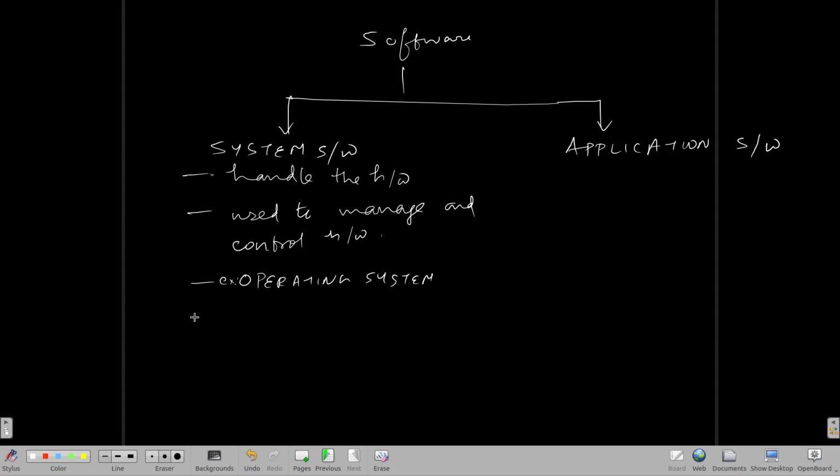So what all does this system software do? Some specific uses or purposes of a system software are process management, then memory management, secondary storage, let's add that to it, memory and secondary storage management.